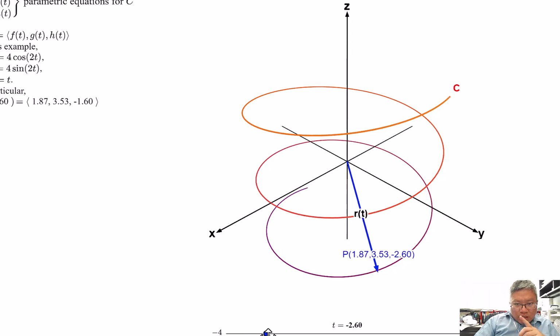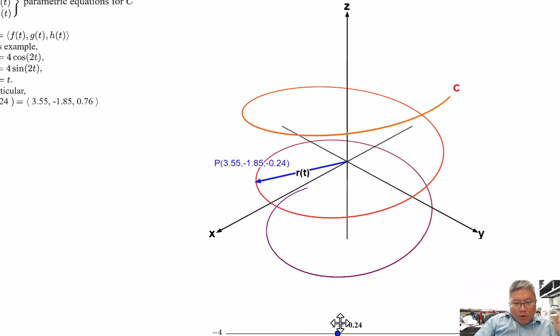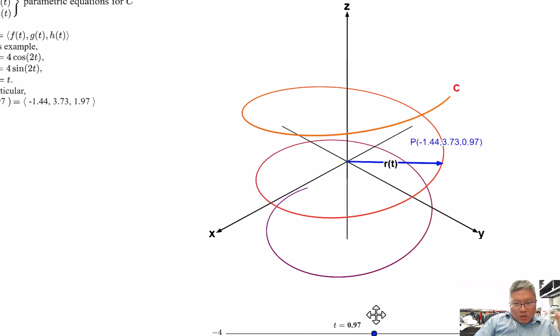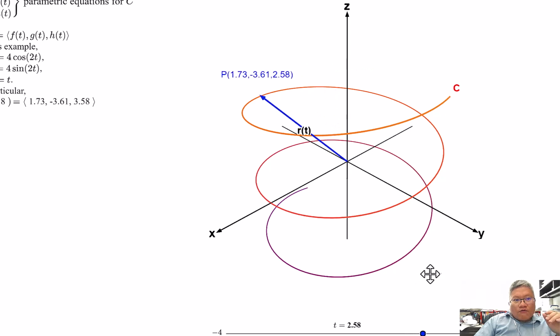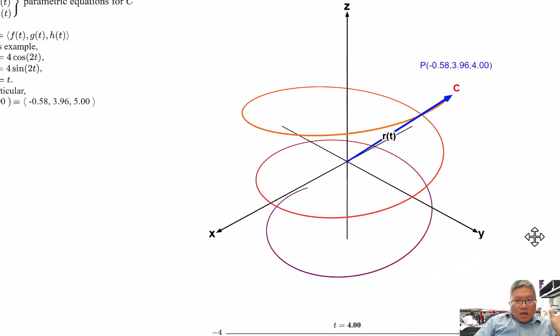This is not a straight line anymore. The output is a position vector that points to the points on this red curve. The pointing is done by the position vector. If you interpret just the coordinates and trace them out, you get this kind of shape that we call a helix.